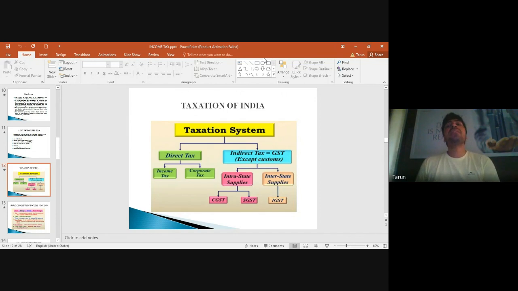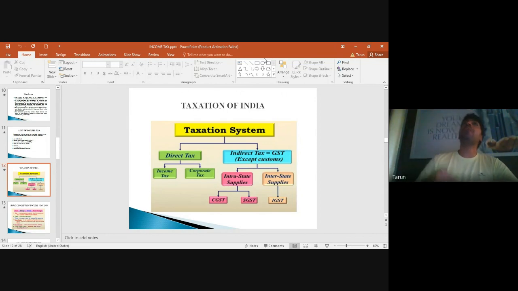That particular supply of goods comes under interstate supplies, where the GST is called integrated goods and service tax, that is called IGST.